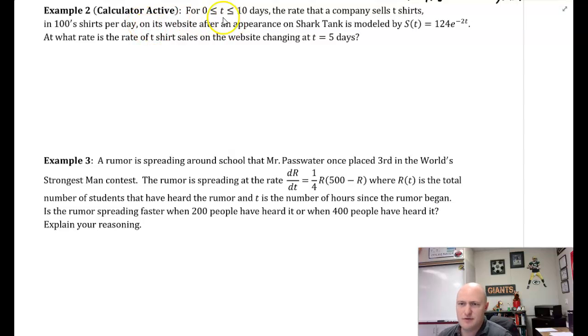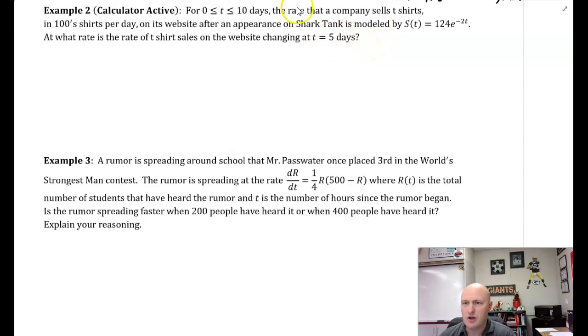And it says for 0 is less than or equal to t is less than or equal to 10 days, the rate that a company sells t-shirts in hundreds of shirts per day on its website after an appearance on Shark Tank is modeled by S of t. At what rate is the rate of the t-shirt sale on its website changing at t equals 5 days?